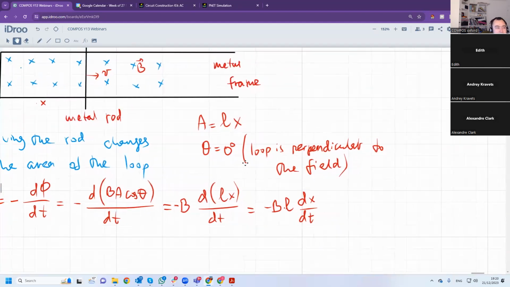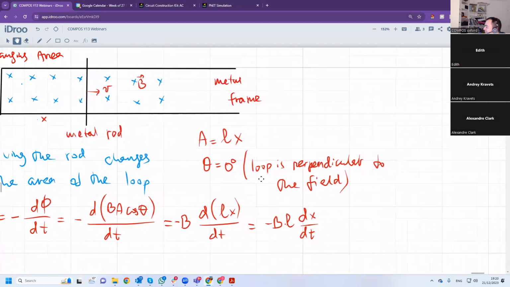Can somebody remind me what dx dt is? V. BLV. Does that expression look familiar to you? Theta is 0 degrees, so cos theta is 1.